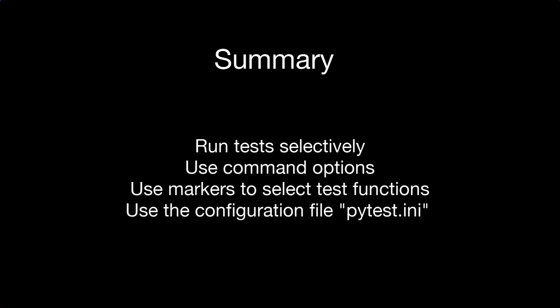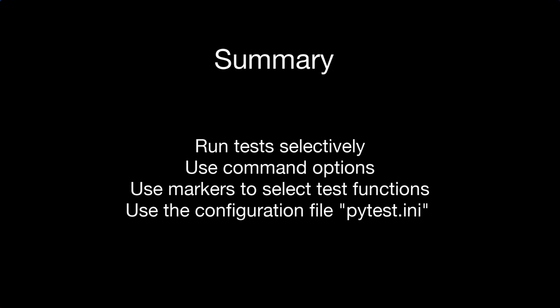Then we looked at the PyTest command options to change the output. You can use the -v option to make it more verbose, and the -q option to make it less verbose. You can also use the -l option to see the values in the local variables in the traceback. You can also capture the standard output and display it in the result.